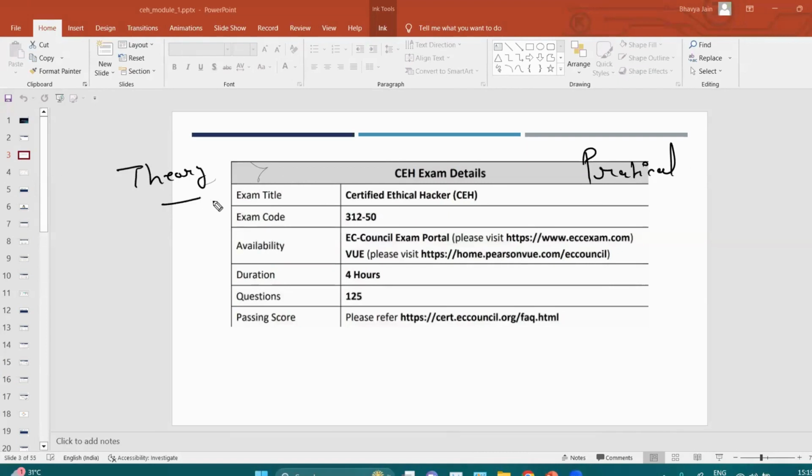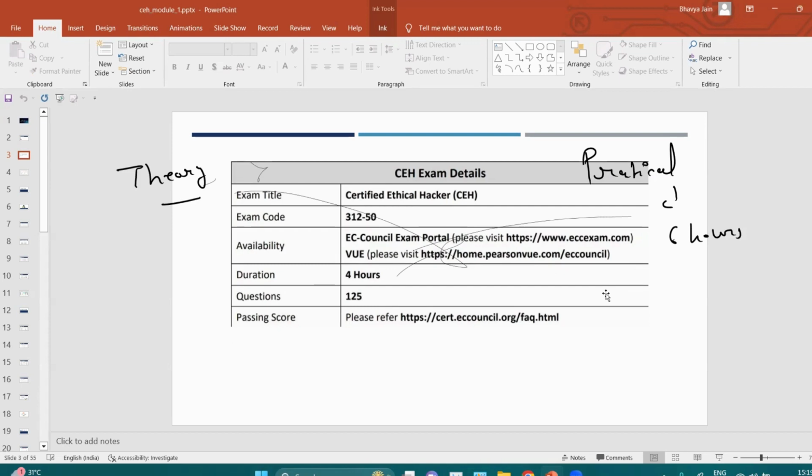The theoretical is of 4 hours duration, and the practical is of 6 hours. In the theory exam we get 125 questions, and in the practical we will get 20 questions, which are lab questions only.